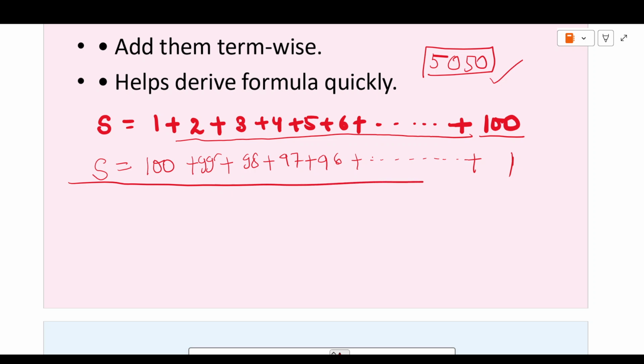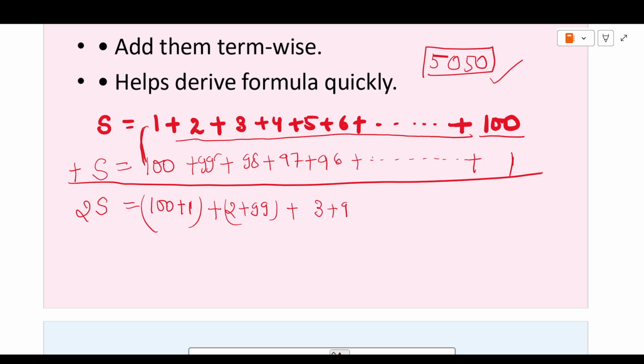Now simply add these. Here is 2S, here is 100 plus 1, the last term and the first term. These two terms add here. And similarly 2 plus 99, and similarly 3 plus 98, and so on up to 100 plus 1.